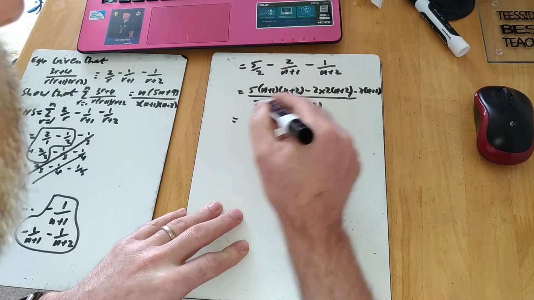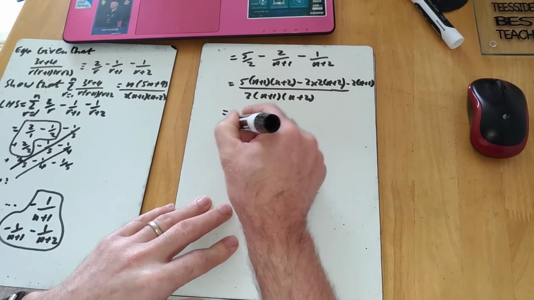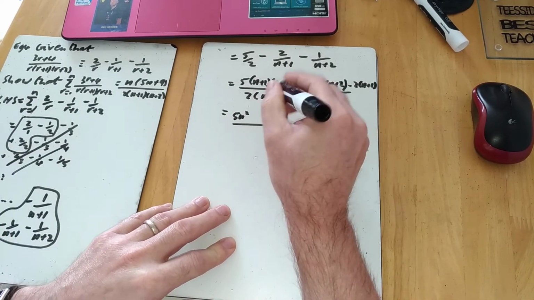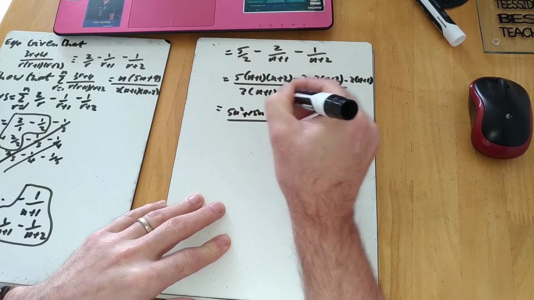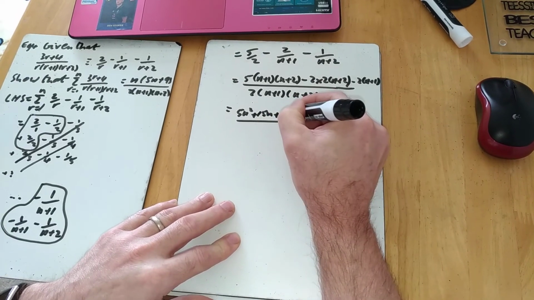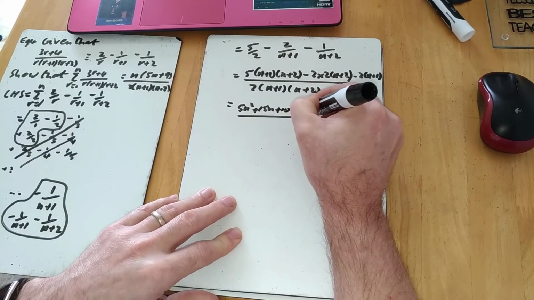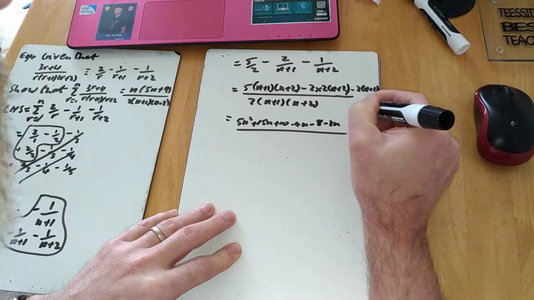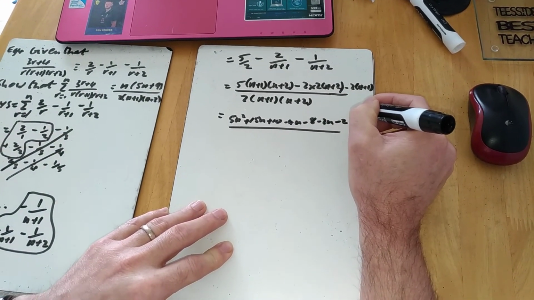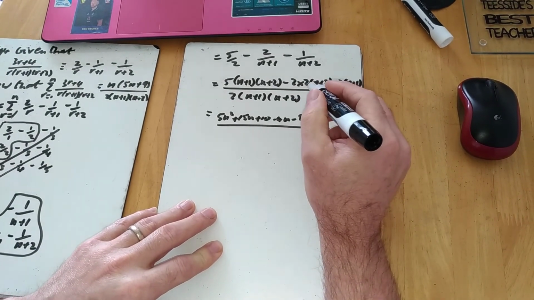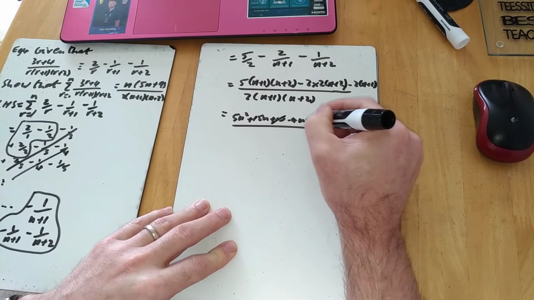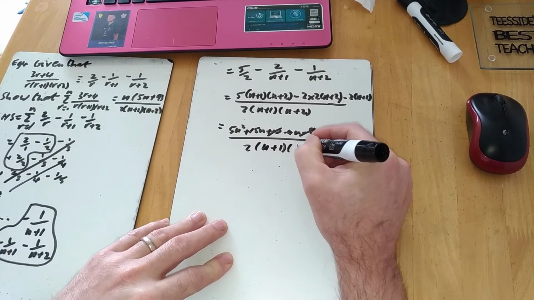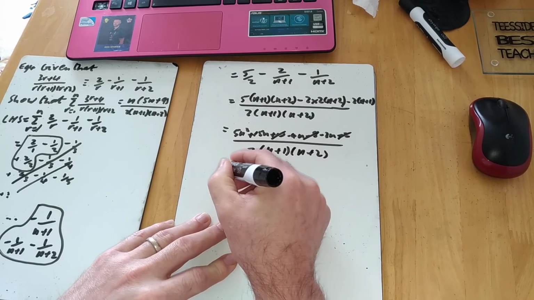I can't really do much here apart from tidy it all out, so I'm going to get 5 lots of n squared plus 3n plus 2, which is 5n squared plus 15n plus 10, minus 4n minus 8, minus 2n minus 2. And luckily, let's have a look at what I'm after. Yeah, the plus 10, the minus 8, the minus 2 cancel out, which is looking good, because I don't have any constant in the top of my answer.